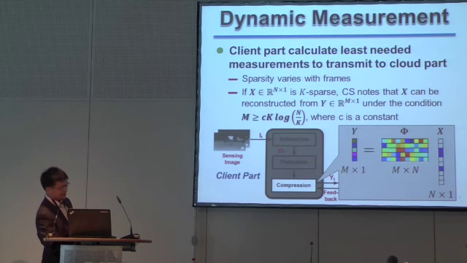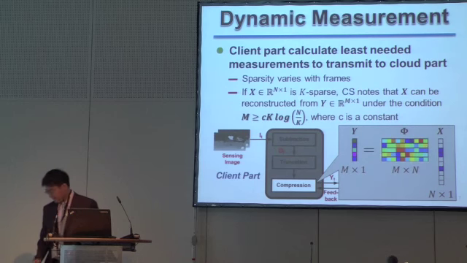Under this condition, x can be reconstructed. Since frame sparsity varies with frames, we can calculate the least needed measurements m and multiply by x to compress it.